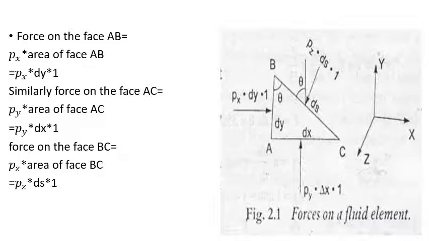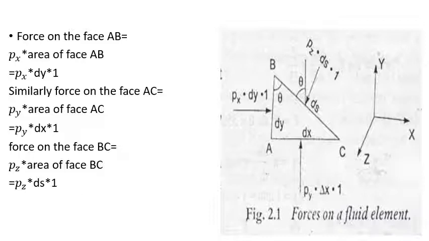Now consider the wedge-shaped fluid element with three faces, AB, AC and BC. In the direction of x, the pressure acting is Px; in the direction of y, the pressure acting is Py; and in the z direction, it is Pz.